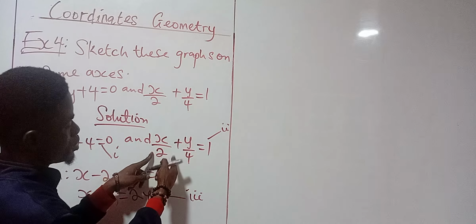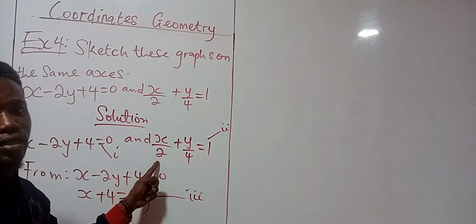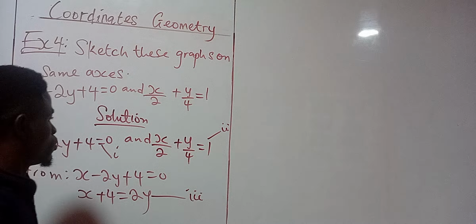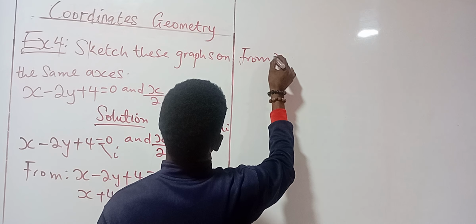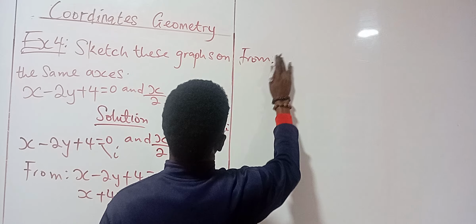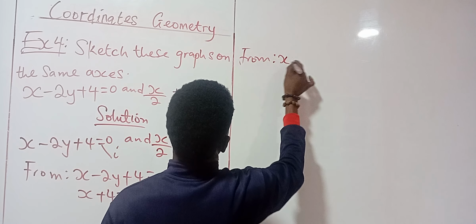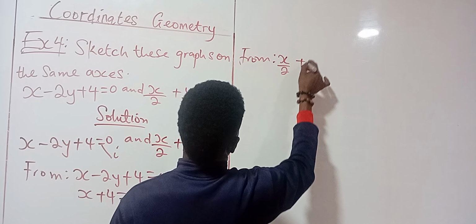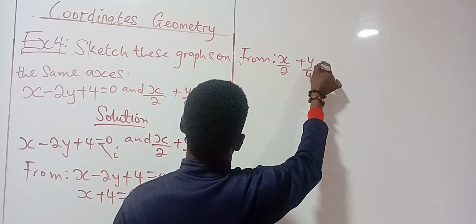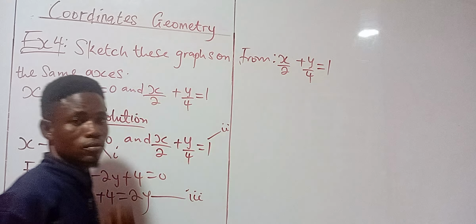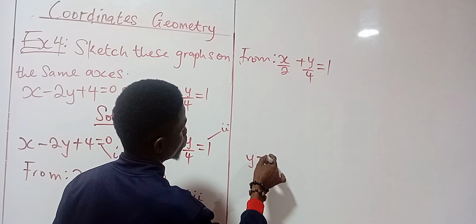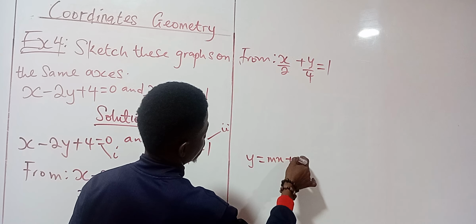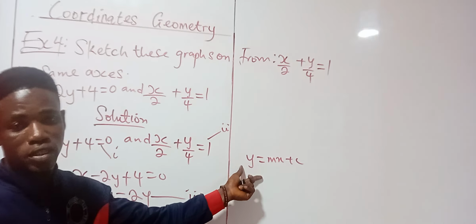Now, try to make this one a linear equation. So we have x divided by 2 plus y divided by 4 equals 1. We want to make it in the form y equals mx plus c, the equation of a straight line.